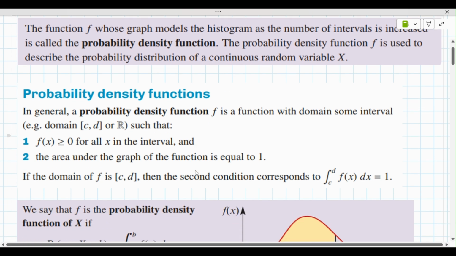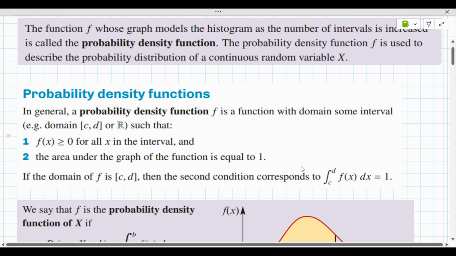Also, the area under the curve of the graph will be equal to 1, because that means your total probability is equal to 1. With the domain of the function of x being c to d, the second condition is the integral from c to d of f(x) dx equals 1.